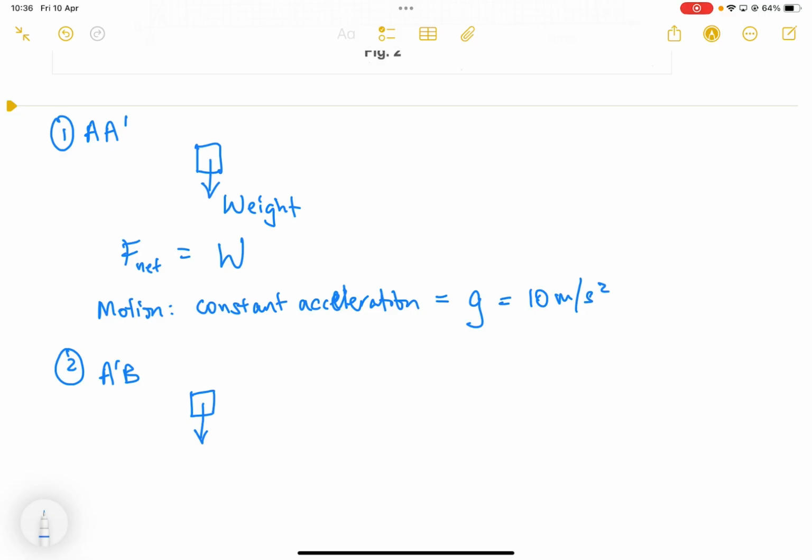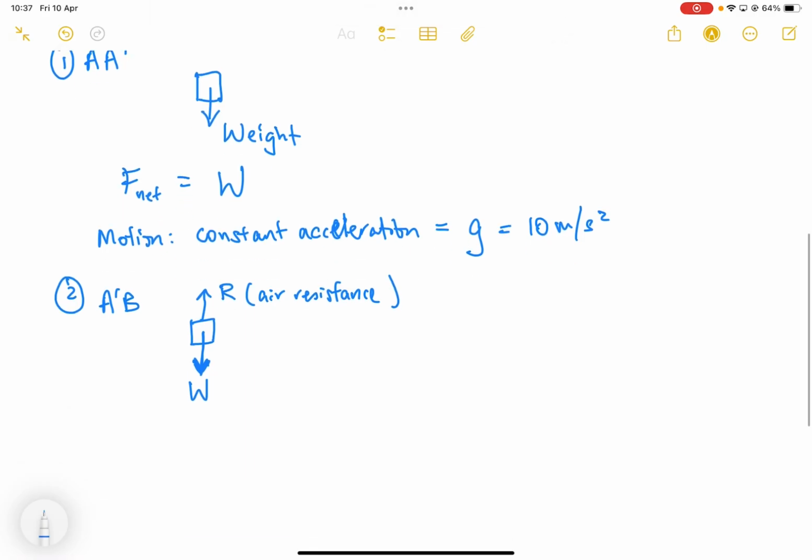Is it increasing, decreasing, or constant? Good, it's increasing. So I'm going to call it R, air resistance. Now I should draw the line for W a bit longer. My apologies, the line for W should be longer.